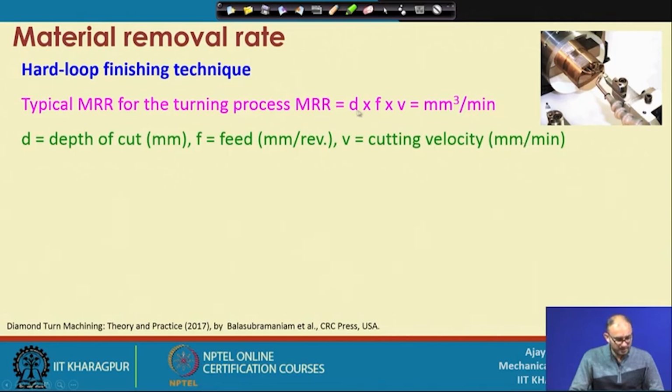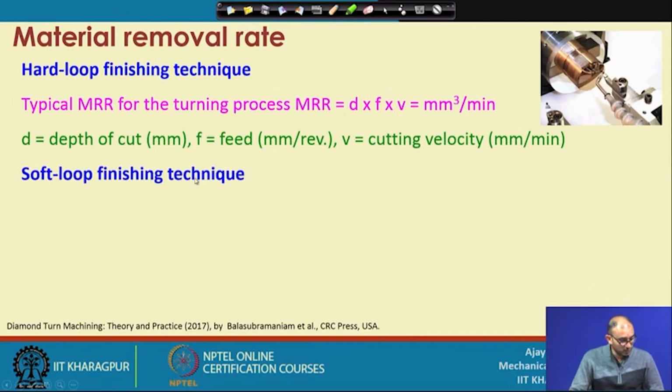When we get all these values, you can find the material removal rate in millimeter cube per minute. What is important is that only a single point comes into contact, so you can predict very easily how much you are going in the Z direction. Feed rate you can set, and velocity also you can set.